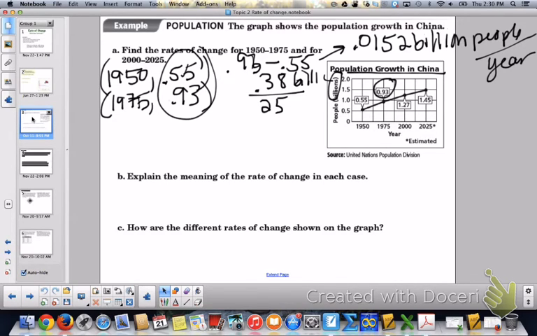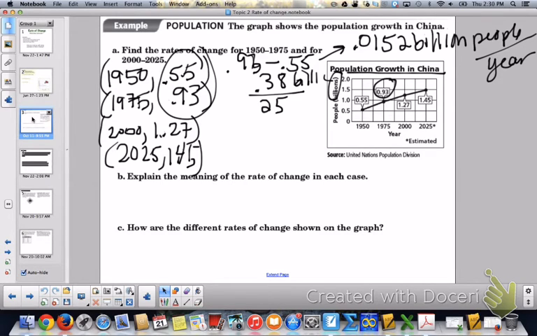Now, then between 2000 and 2025, in 2000, population was 1.27 billion. And in 2025, the population was 1.45 billion.